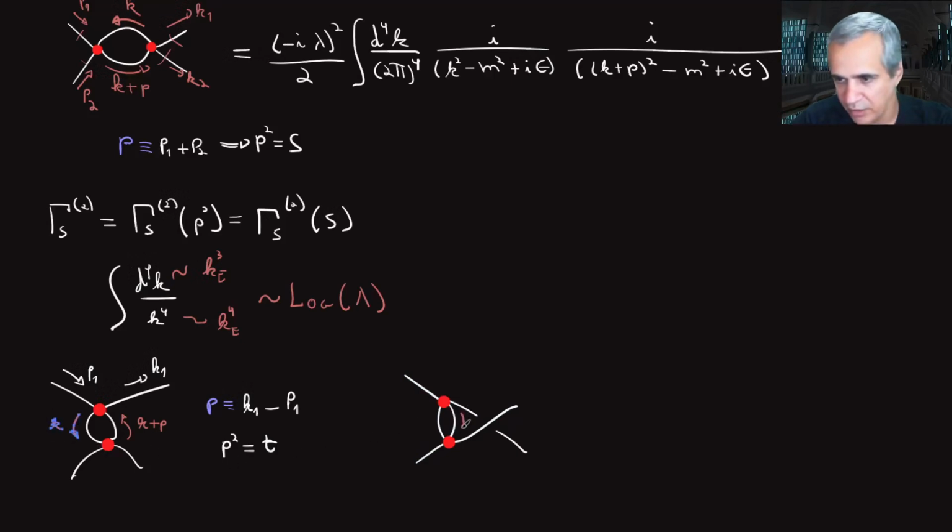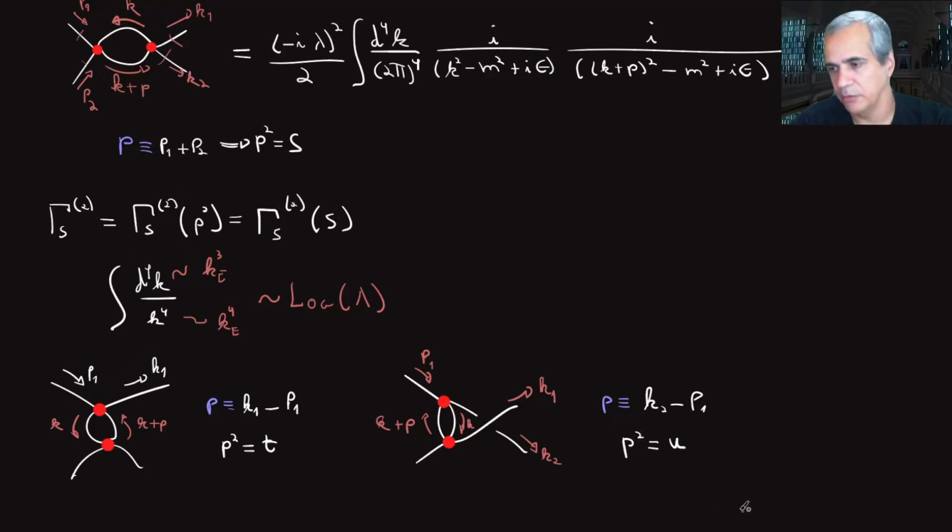I can put k going down and k plus p going up. But now I have p1 here, and this is k2, because k2 is going out here. This is k2, and this is k1. That means that momentum conservation on this vertex tells me that p is now k2 minus p1. And p squared for this case is just the Mandelstam U, right?